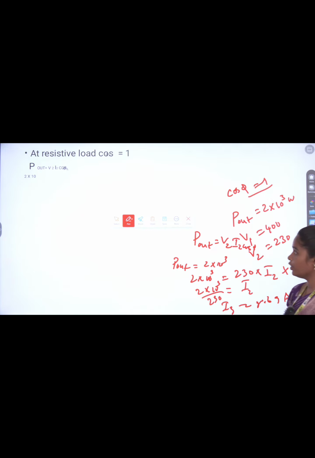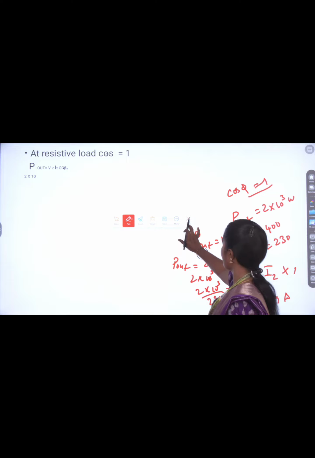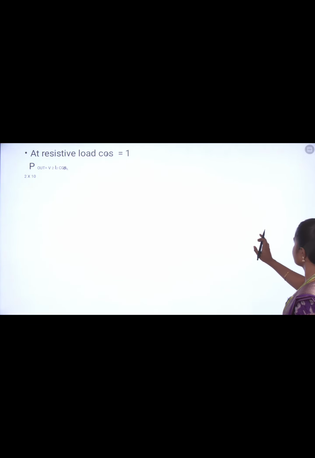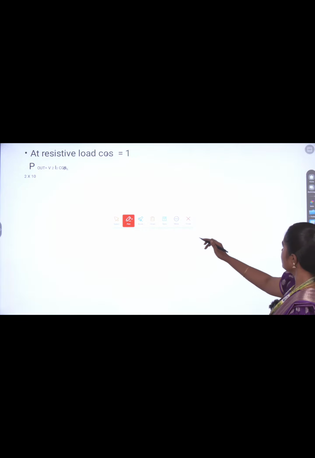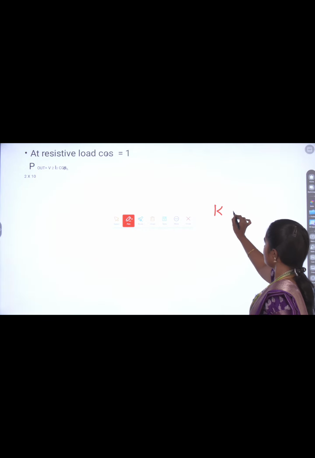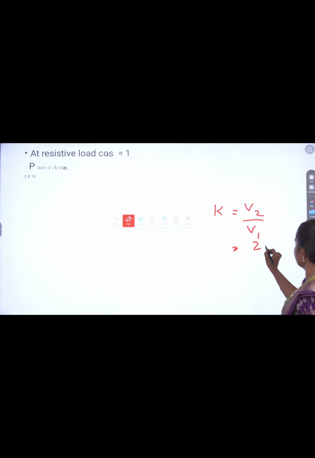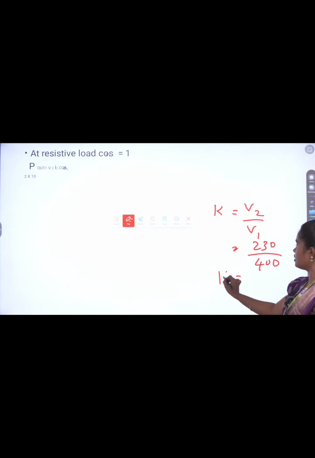Next we have to find the transformation ratio K. Transformation ratio K means V2 divided by V1, that is secondary voltage 230 and primary voltage 400. So the transformation ratio K is 0.575.